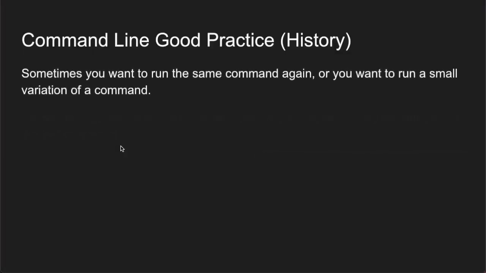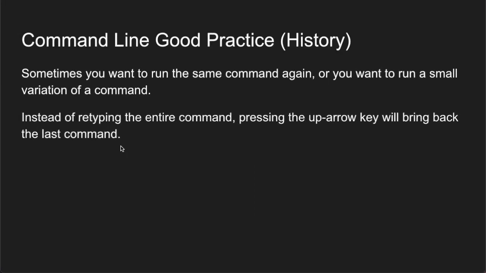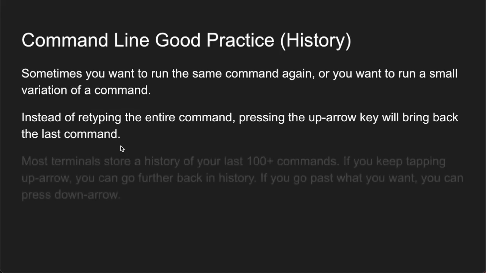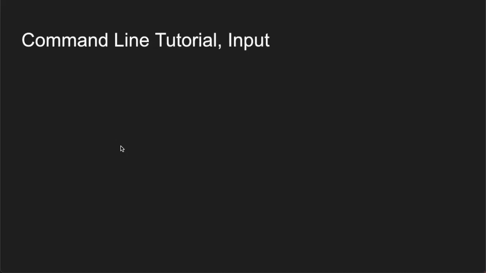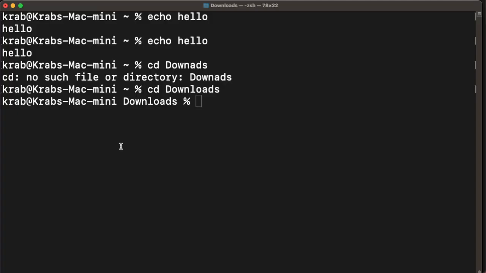So using your history can really help you out in a lot of ways to fix small mistakes or run the same thing over again. It's really, really handy. All right, so we're going to be using that history command. You will see me use it all the time. Whenever you see a command just pop out of nowhere, oftentimes it's me just running the last thing from my history and just tapping back a few to get to a command that I wanted.